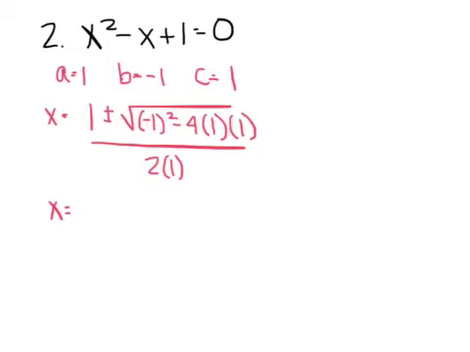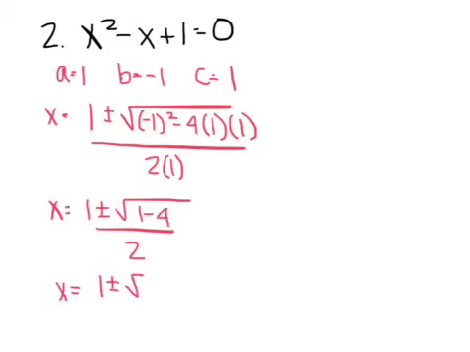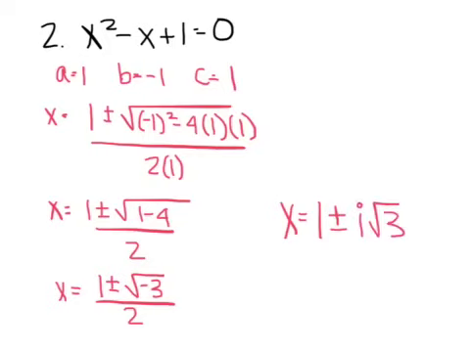Simplify. x equals 1 plus or minus root negative 3 over 2. One more step to simplify. x equals 1 plus or minus i root 3 over 2.